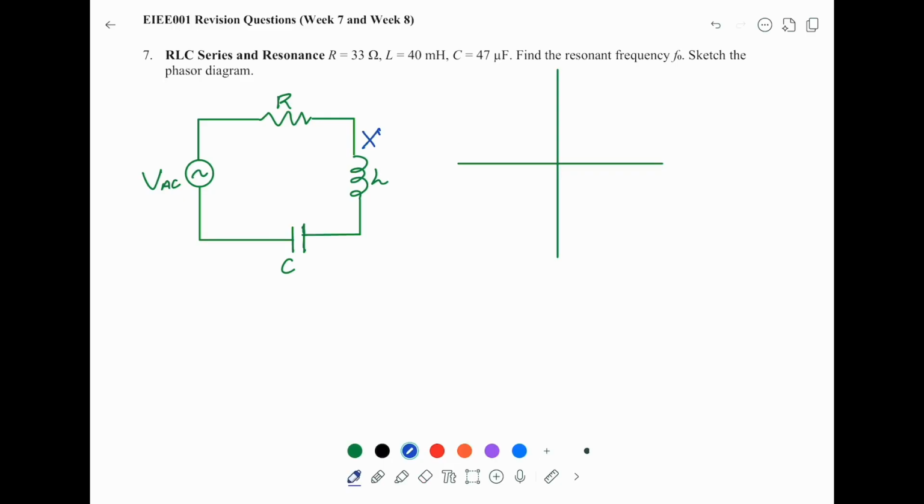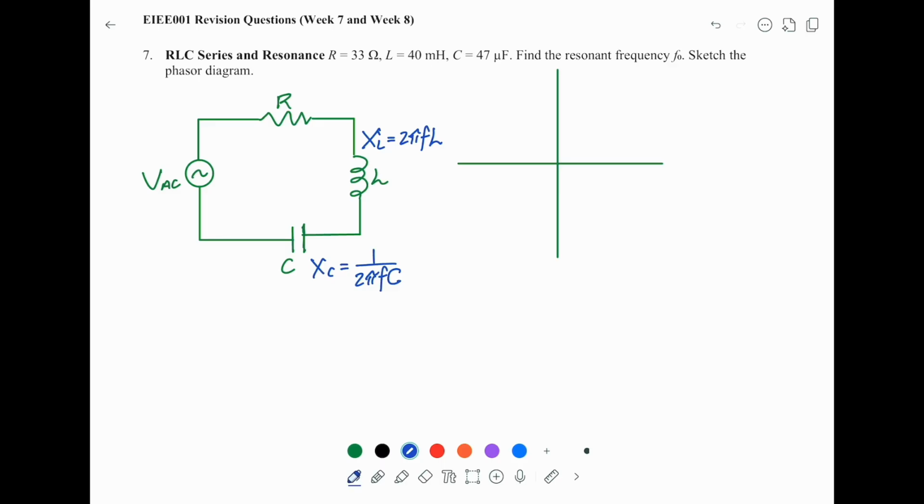The XL is defined as 2 pi FL, and the capacitive reactance XC is equal to 1 over 2 pi FC. So you can see XL and XC, they act like a resistor, but they are frequency dependent.